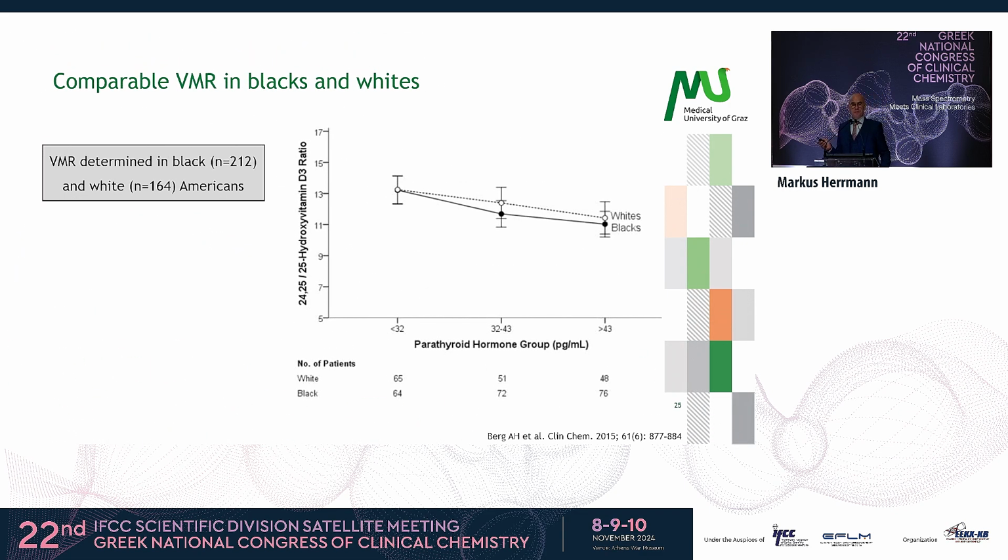Replacing the 25-hydroxyvitamin D on the y-axis by the vitamin D metabolite ratio completely eliminates the issue, and both ethnic groups have comparable values. So this suggests that the vitamin D metabolite ratio is better suited to assess vitamin D status in black individuals.